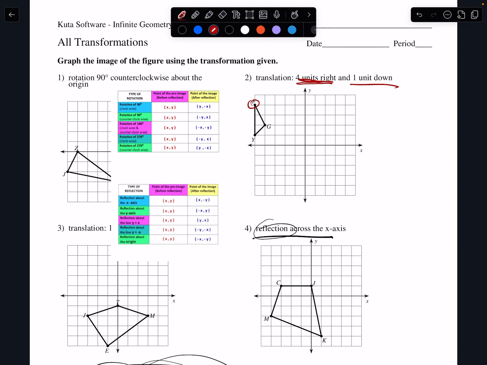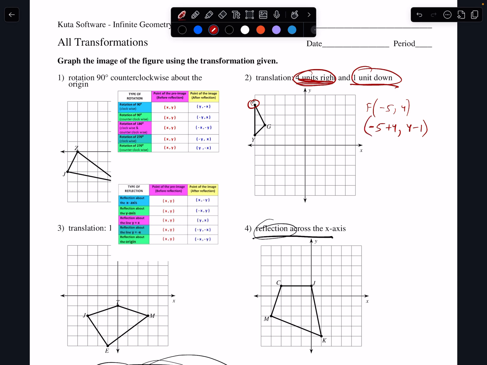So for example, if F is (-5, 4), since I'm going to the right 4 units, I'm going to add 4 to the x, and then 1 unit down, I'm gonna subtract 1 from the y, right?